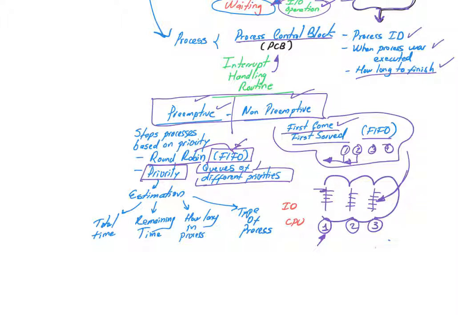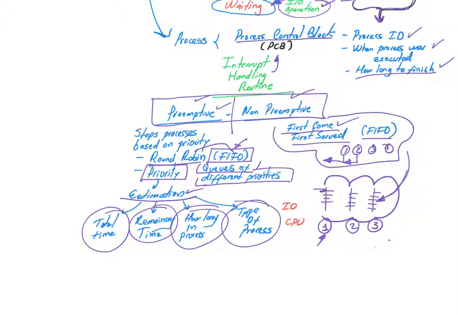What's important to understand here is that the priority may be given using criteria such as the total time that the process has been inside the CPU, or the remaining time that it has, I mean, how long it's going to take to finish. It's just an estimation, but you could calculate that, or how long it has been running. If a process has been running too much, then maybe you should send it to the end of the queue.